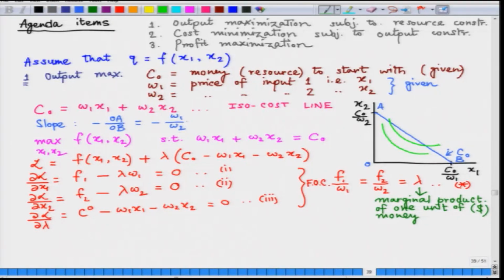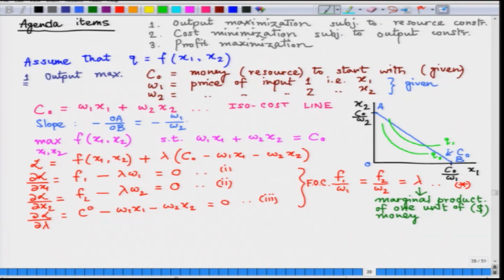Now, let us have a graphical way to find the solution to the same problem. So, different levels of output are given by different iso quant or iso product level curves, and a higher iso quant shows a higher level of output, right.